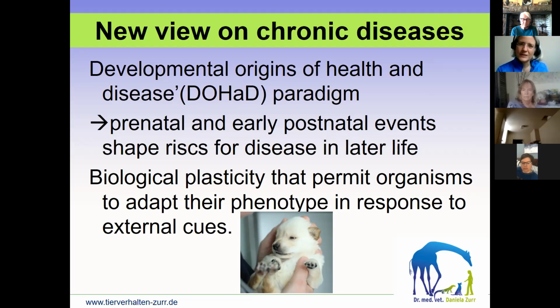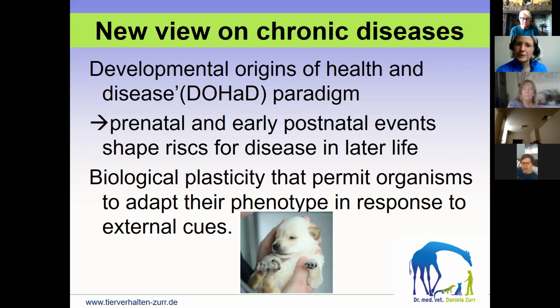So these events shape the risk for diseases in later life. The reason is that the genetics are obviously there, but there is still plasticity that helps the animal to adapt to external factors.